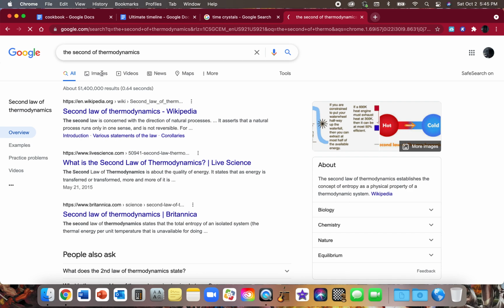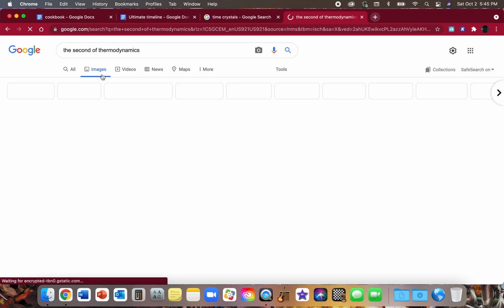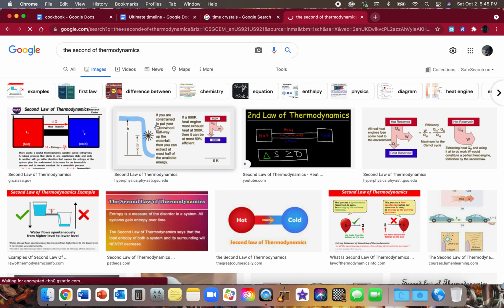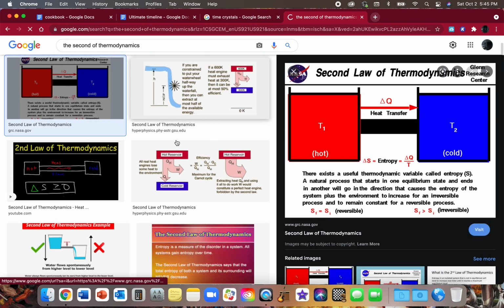Basically, entropy, which is a natural process, states that a system going from one equilibrium state to another will go in the direction that causes the entropy of the system plus the environment to increase.